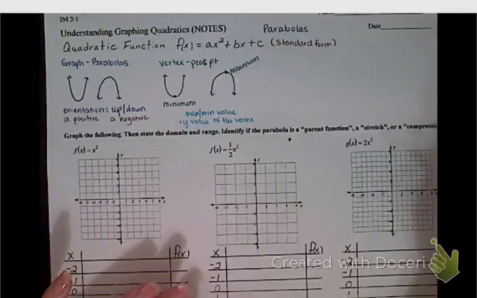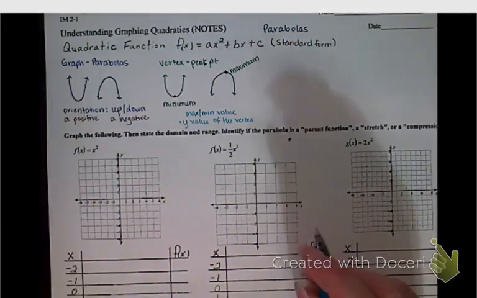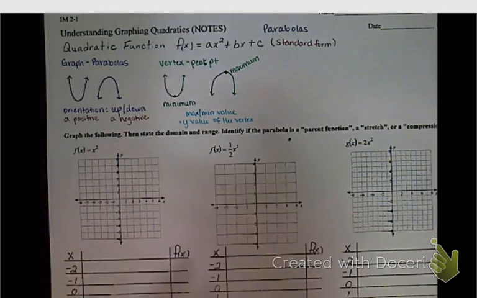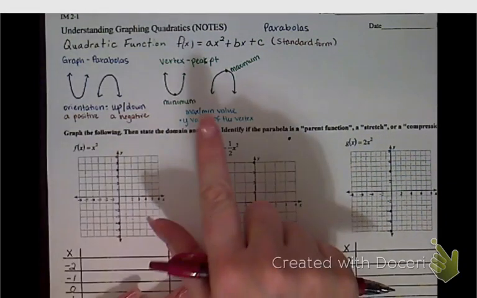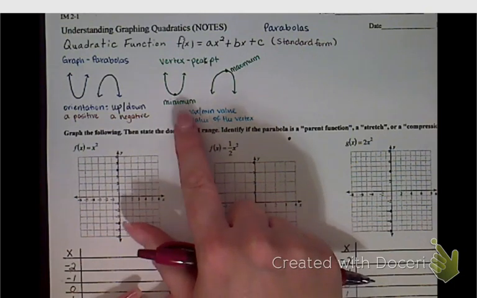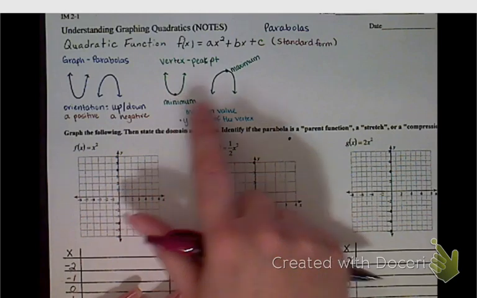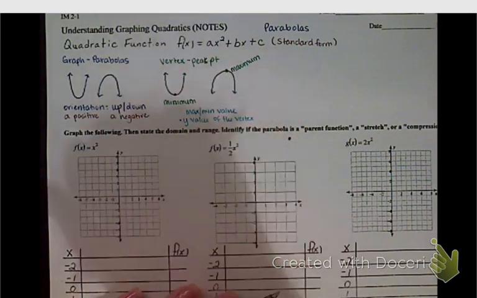So maximum would be its highest point, minimum would be its lowest point. And again, specifically, it's the y value of the vertex. So again, orientation tells us if our graph opens up or down. We have maximum and minimum values. If our graph opens up, meaning our a value is positive, we're going to have a minimum. If our graph opens down, meaning the a value is negative, we're going to have a maximum point for our vertex.